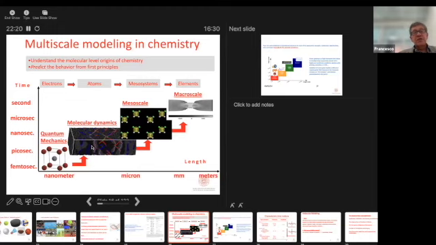This can be done using quantum chemistry, or, as I will discuss briefly later, using classical potentials, which generate molecular mechanics.